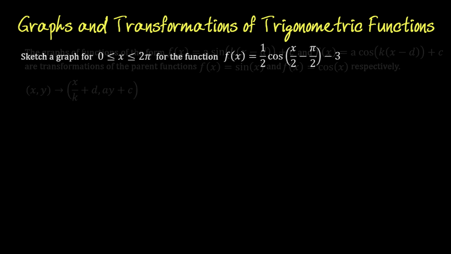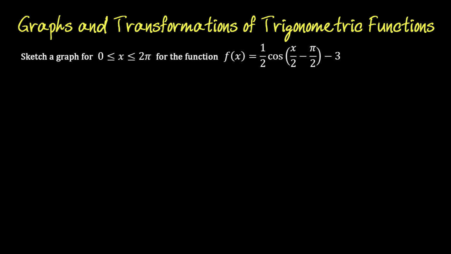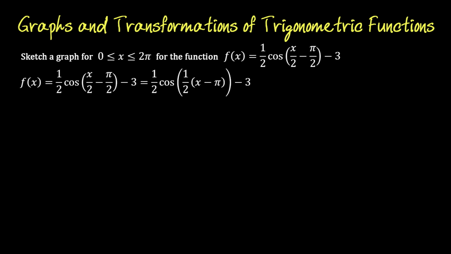Sketch a graph for x greater than or equal to 0 and less than or equal to 2 pi for the function f of x equals 1/2 of the cosine of x divided by 2 minus pi divided by 2, minus 3. Write x divided by 2 minus pi divided by 2 as 1/2 of x minus pi.